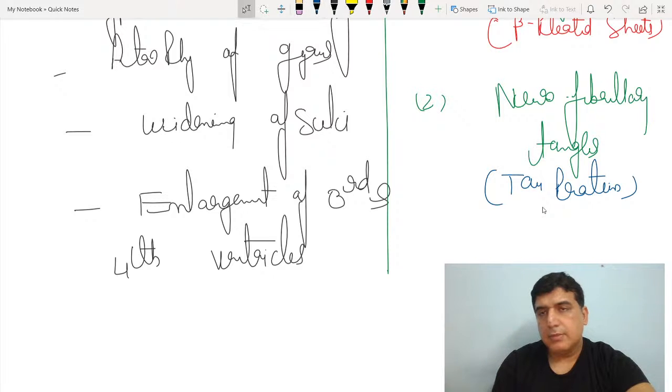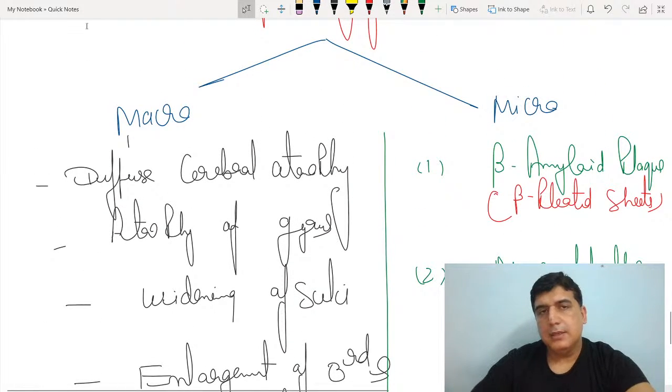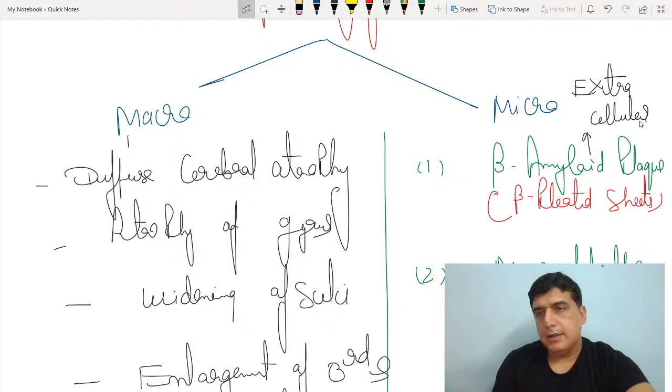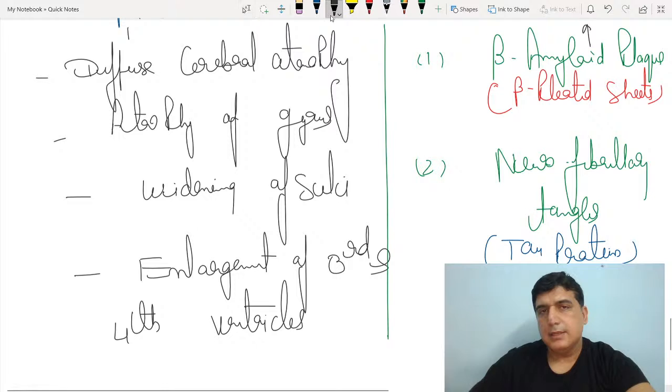Okay guys, beta amyloid plaque is an extracellular finding, and neurofibrillary tangle is an intracellular finding. These both findings are non-specific.